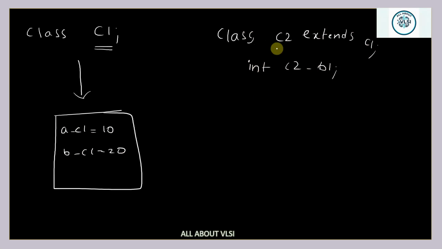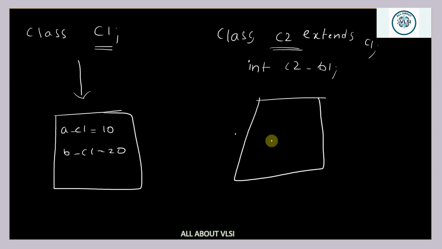Now, if we create an object for this particular class, what are the properties that will be present inside this class? Can anyone tell me? If we create an object for this class C2, what are the properties which are going to be present inside it? Take your time and tell me.